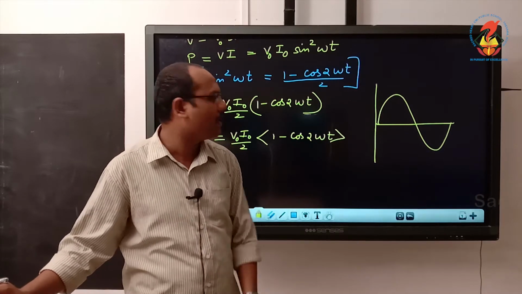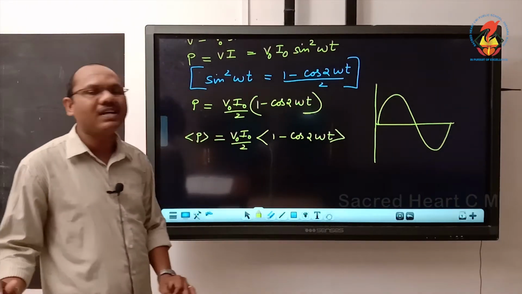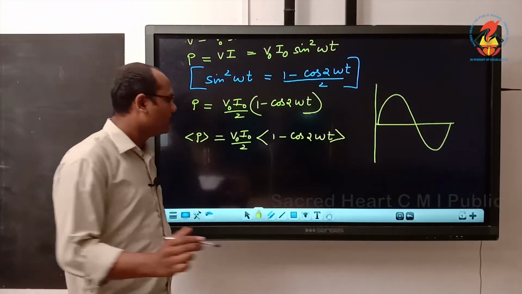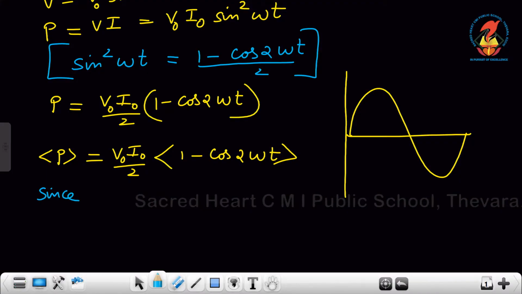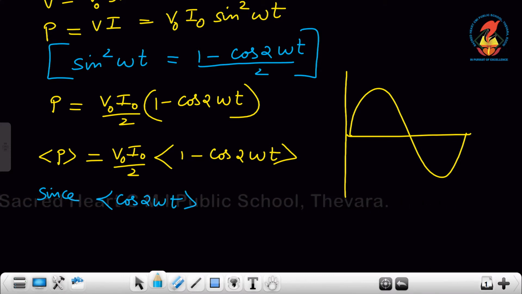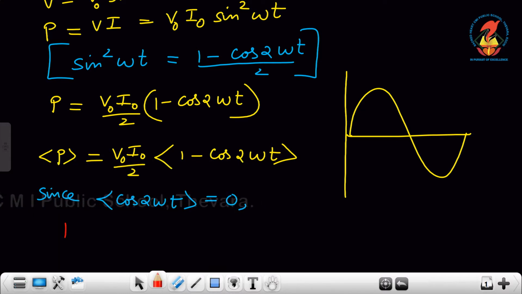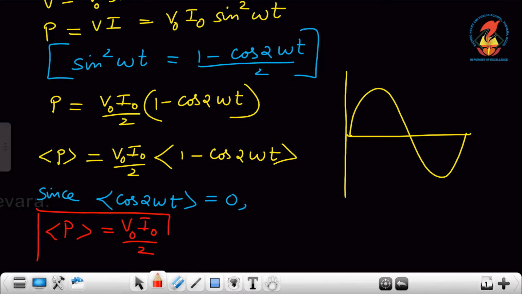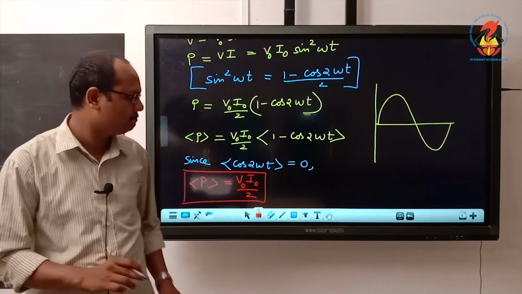So cos 2 omega t is time dependent, and its average value in one cycle is 0. Since the average value of cos 2 omega t is equal to 0, we get average power is equal to V0 I0 by 2. This is the expression for the average power in a resistor.